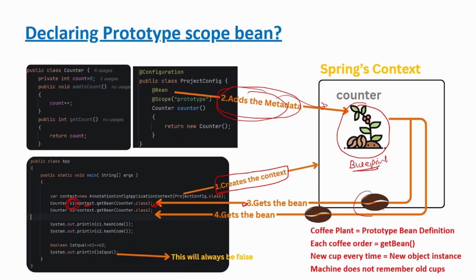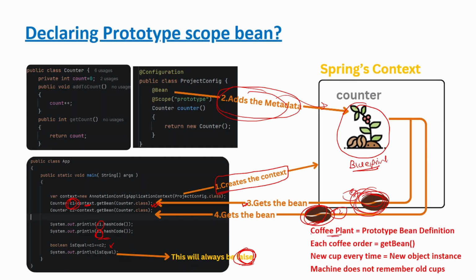After returning it, Spring forgets about it and does not track it. Therefore, both C1 and C2 refer to different instances. This is C1 and this is C2, and both are different. Therefore, it will always be false.